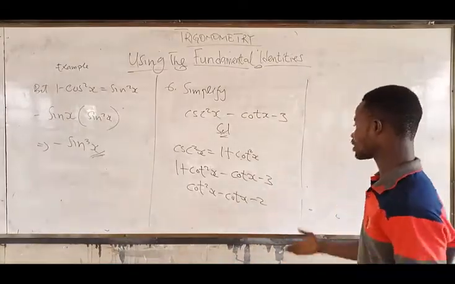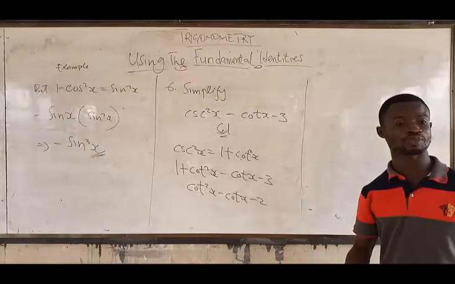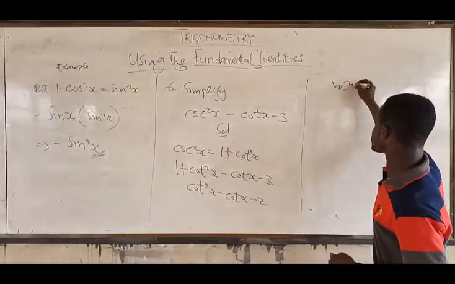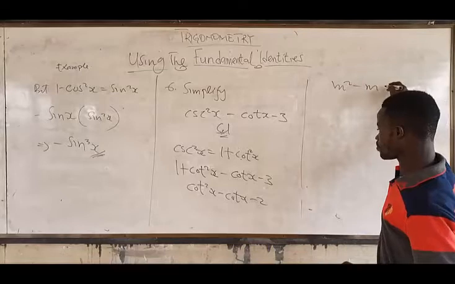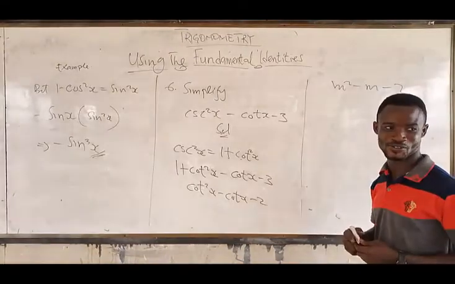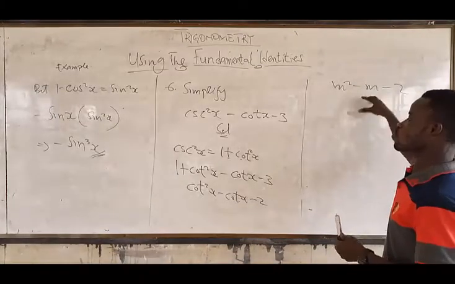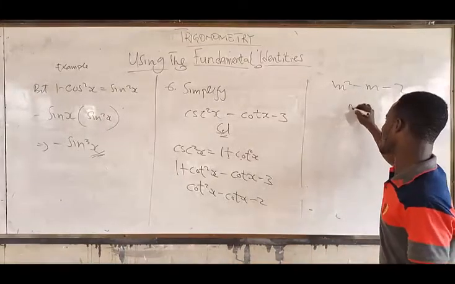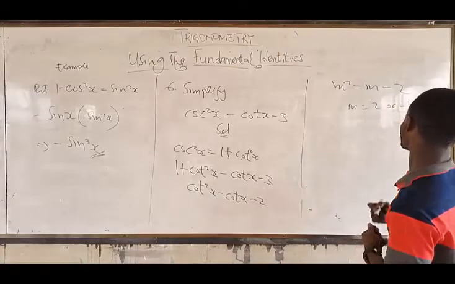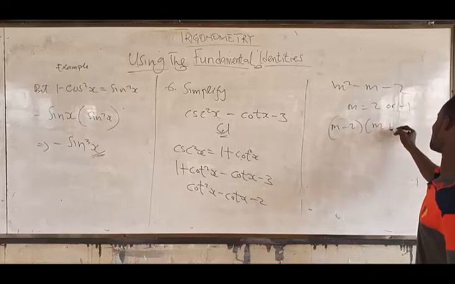You can do it in two ways. You can put cos x to be equal to y, or put cos x to be equal to m. And you get m squared minus m minus 2. And this is a quadratic equation. And with this quadratic equation, when you solve, you are going to get m to be 2 or negative 1. So when you bring it back, you get m minus 2, m plus 1.